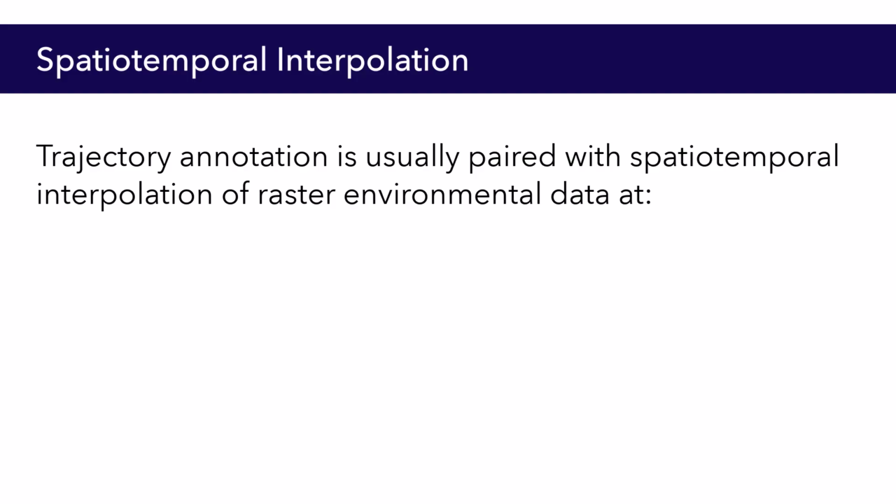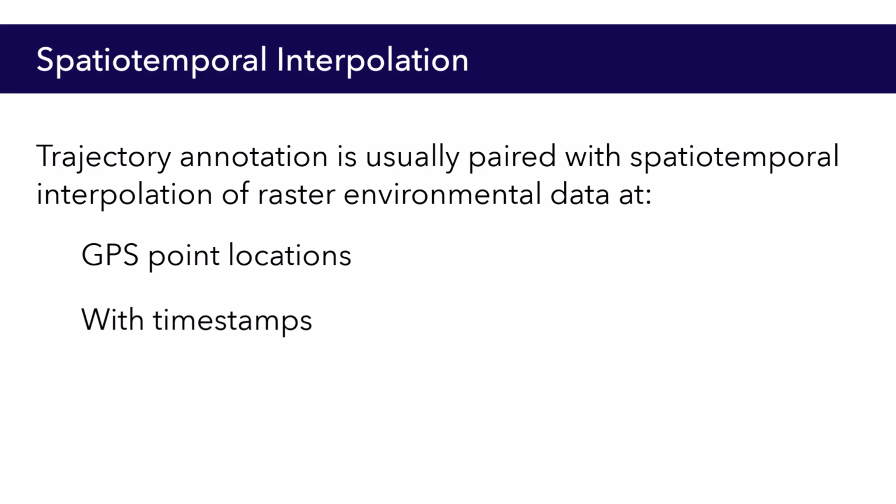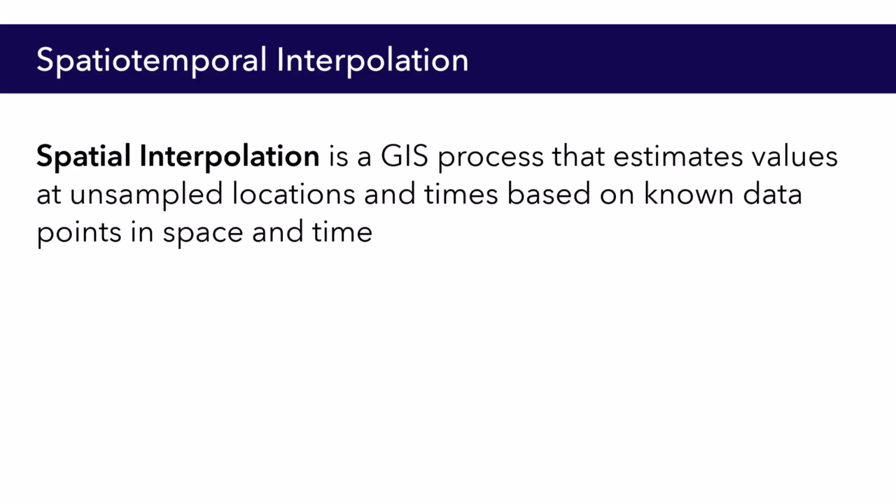Trajectory annotation is often conducted through spatial-temporal interpolation of raster environmental data at GPS point locations and times. Spatial-temporal data interpolation is a GIS process used to estimate values of unsampled locations and times based on known data points in both space and time.